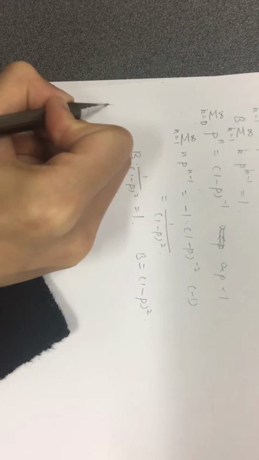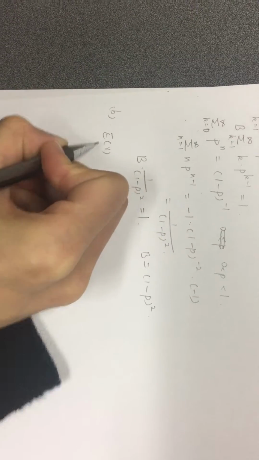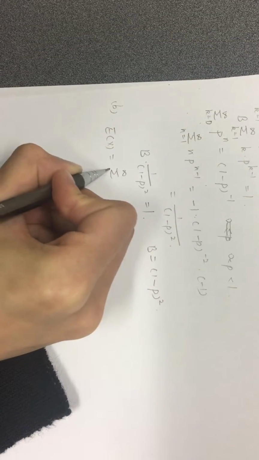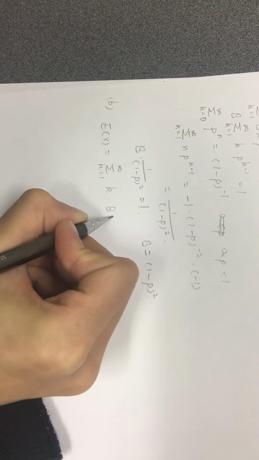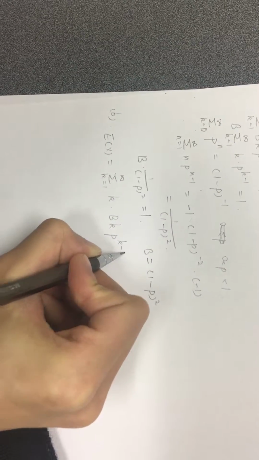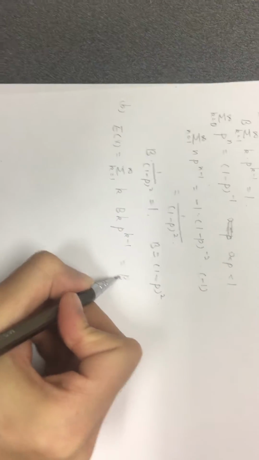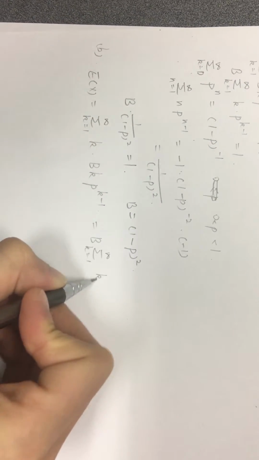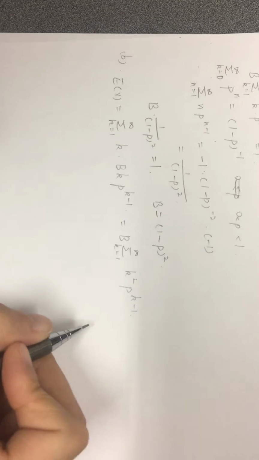Okay. So problem B, find EX. EX equals the sum of k times b k p to the k minus 1, which equals b times the sum of k squared times p to the k minus 1.